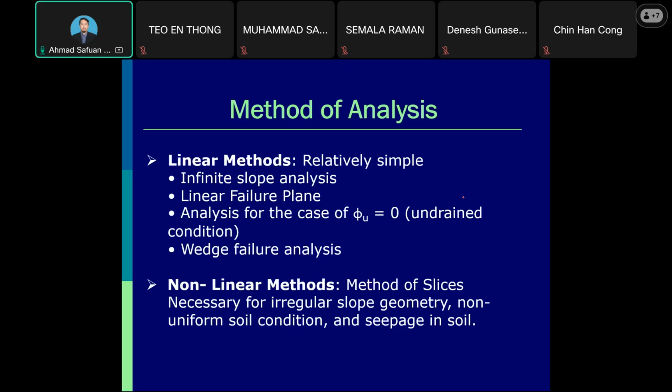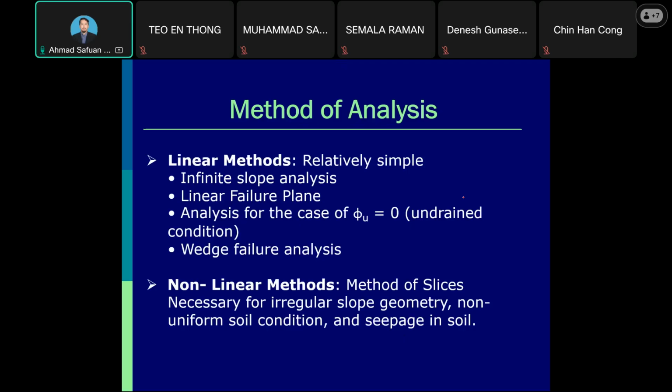Analysis of the case of phi equal to zero for the undrained conditions, and the wedge failure analysis.